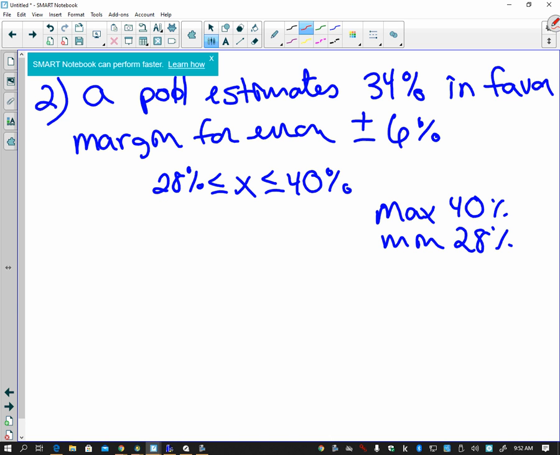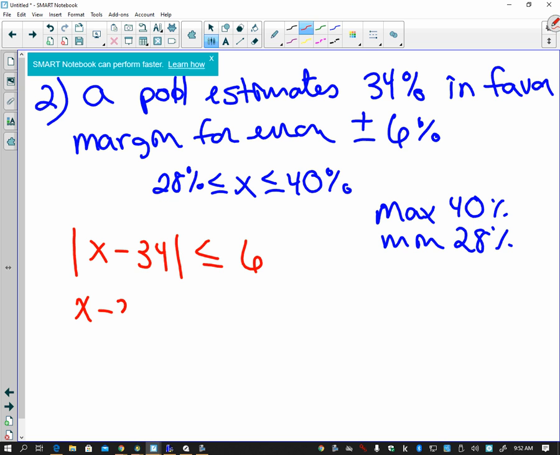Let's see. I would say that you're going to get something like x minus 34. Let's see, what would that be? We'll do some experimentation because in a lot of cases that's going to tell me what's working and what's not. Let's say it's less than or equal to, because we see some of that up here, less than or equal to 6. Okay, and let's see if we get 40 and 28 when we do both solutions.